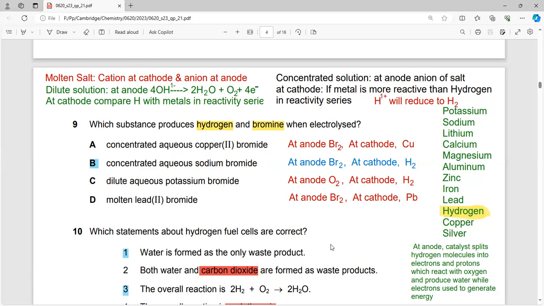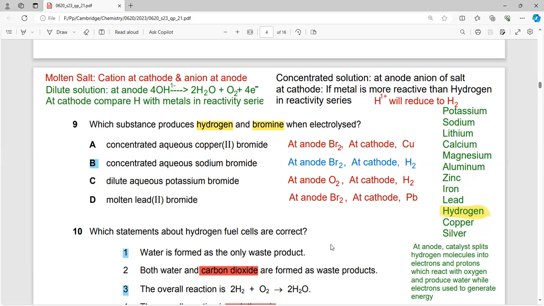In the same way, if you have a concentrated solution, at the anode the anion will be oxidized, no problem. But at the cathode you need to be careful. You need to compare the metal with hydrogen in the reactivity series. If the metal is more reactive than hydrogen, the hydrogen will be reduced first. But if the metal is less reactive, meaning it is below hydrogen in the reactivity series, this metal will be reduced first. We're going to check this concept in the answers.